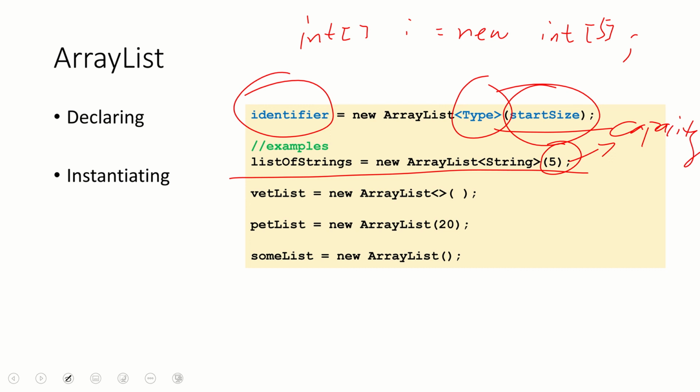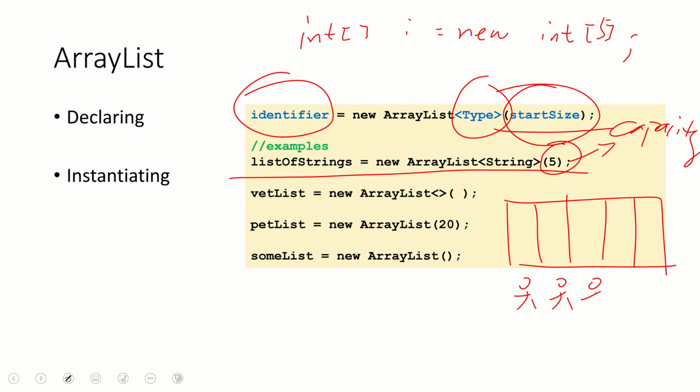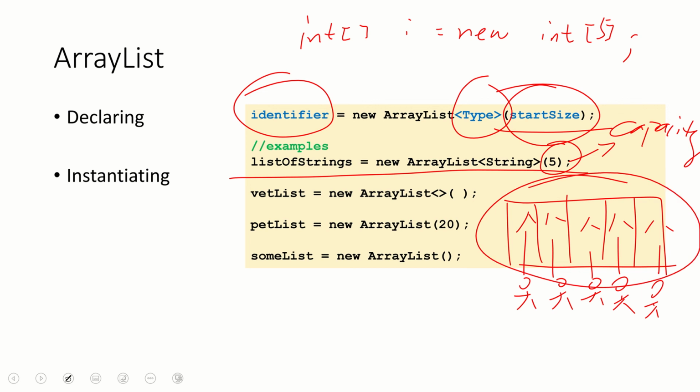What's the capacity? The capacity means, in this room, we can seat 5 people. But they don't all have to get into the room. It only means this room can seat 5 people, but it doesn't mean the actual people are in there.